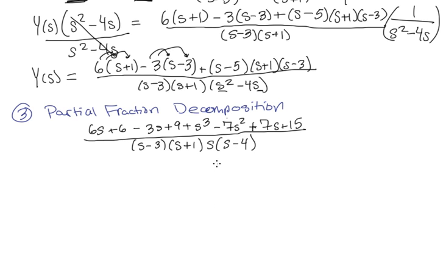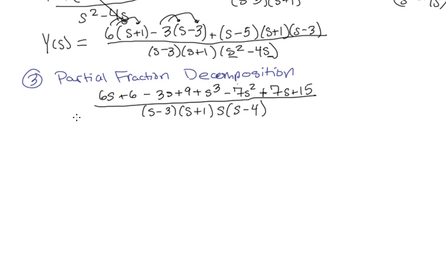Now let's just simplify the numerator. So we're just going to get 10s plus 30 plus s to the third minus 7s squared.